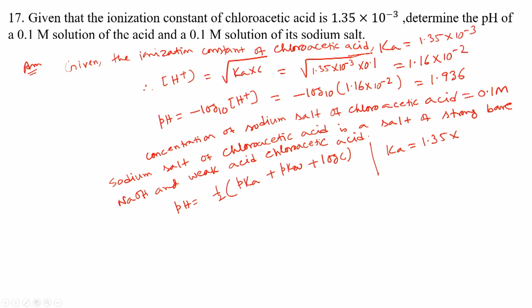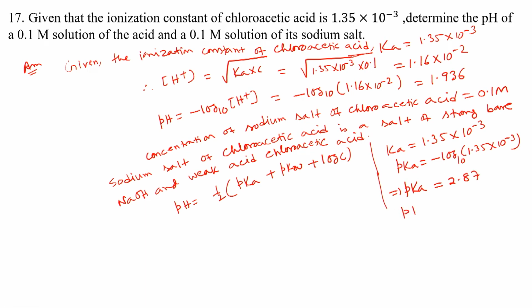Ka means the corresponding acid we need to consider. So Ka of chloroacetic acid is 1.35 times 10 to the minus 3. So pKa is minus log base 10 of 1.35 times 10 to the minus 3. So you get pKa is 2.87.